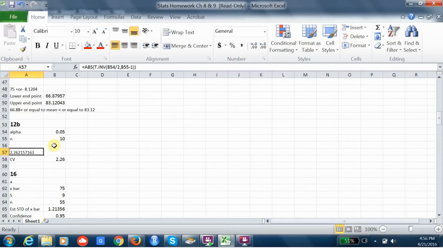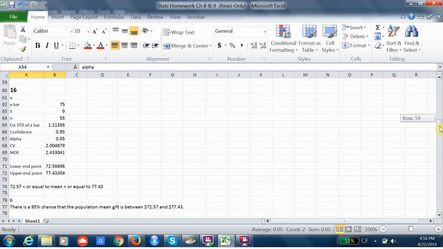I'm trying to think of why that is. 0.01. Oh, I know why. Because this is the 0.01. So alpha here is 0.01. That's why it's differing. So it's not 0.05. It isn't always 0.05. When it's not stated, it's going to be different. But this should be 0.01. Okay, but everything else is good. You just have to change it to 0.01.